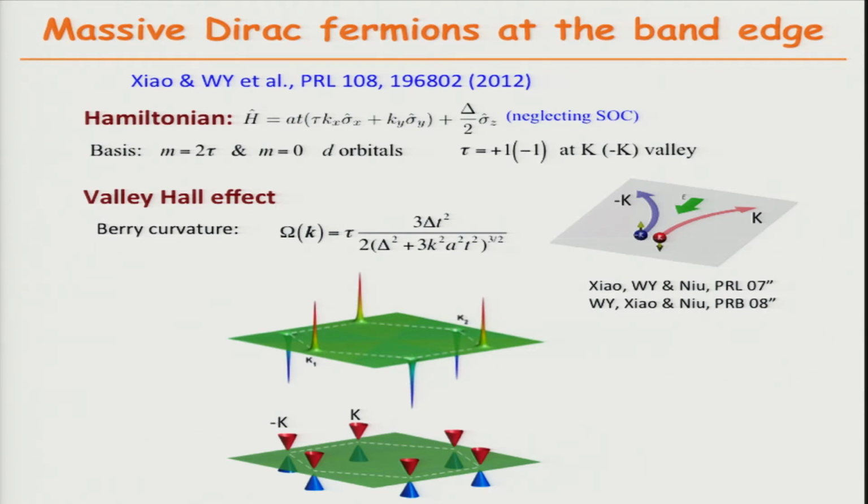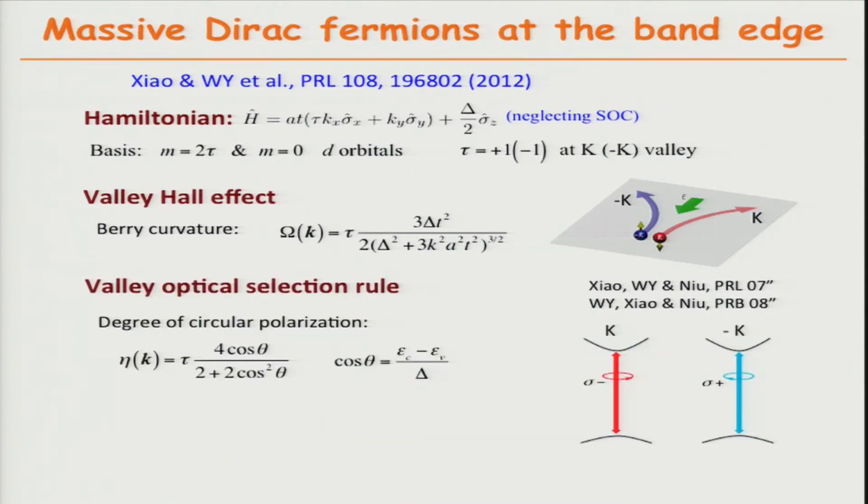That's an analog of the spin Hall effect, which we now call the valley Hall effect. This is a property that we found in our earlier work together with Chen Liu and Di Xiao based on the graphene model. But now since these transition metal dichalcogenides have the same k·p Hamiltonian, you expect the same set of things.